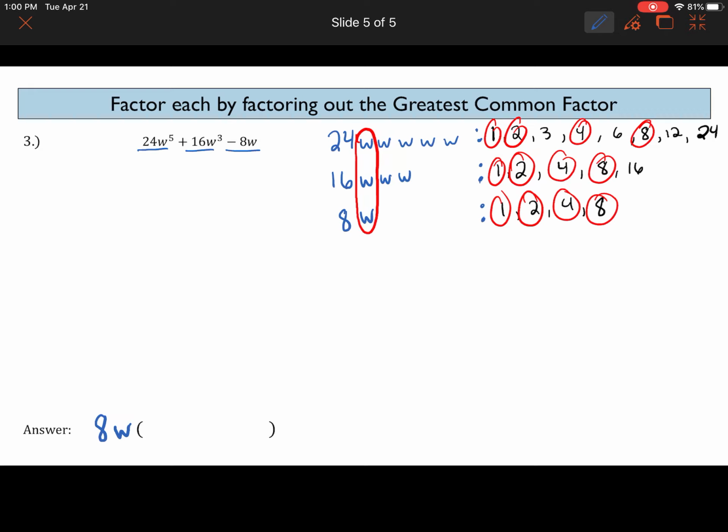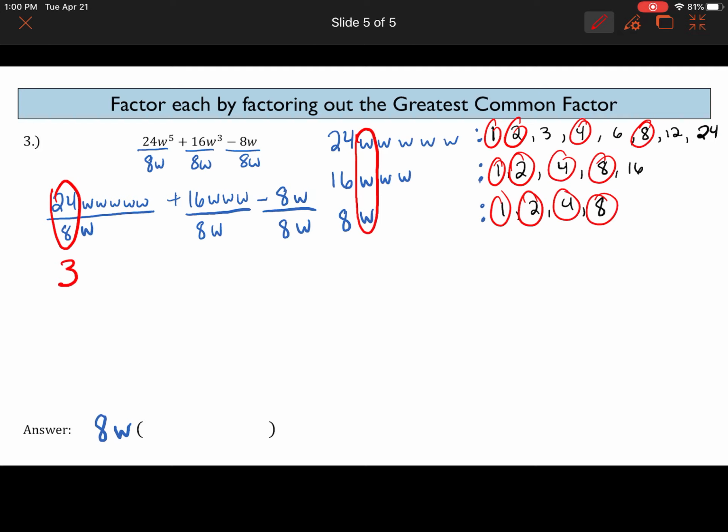So I'm going to take 8W, my GCF, and I'm going to divide each term by 8W. Okay, if I write it out, I have 24, there's 5 W's, 1, 2, 3, 4, 5, divided by 8W, plus 16 W, W, W divided by 8W, minus 8W over 8W. Okay, so I have 24 divided by 8 gives me 3.